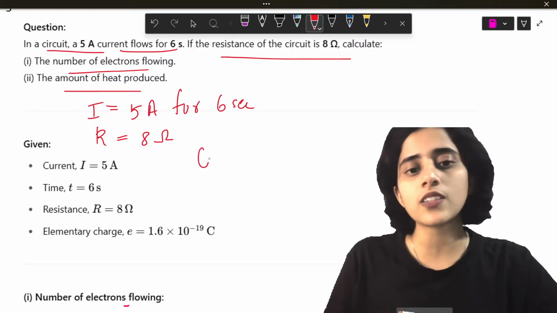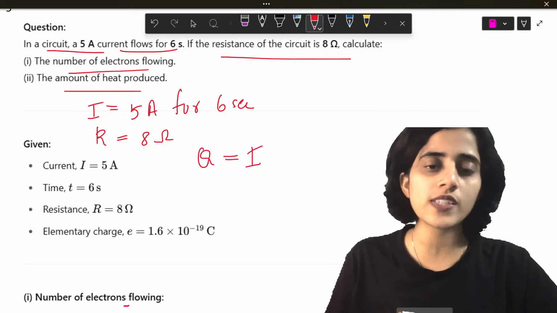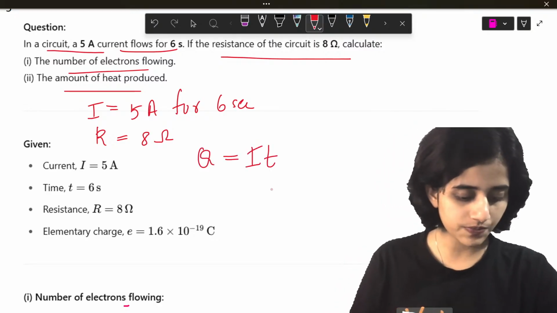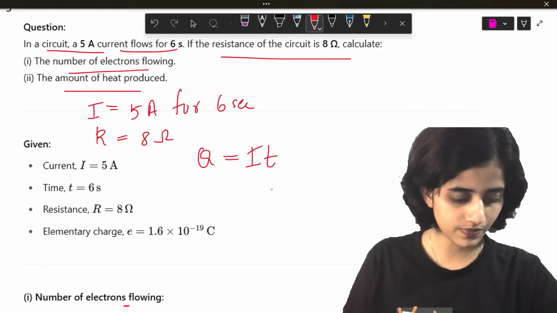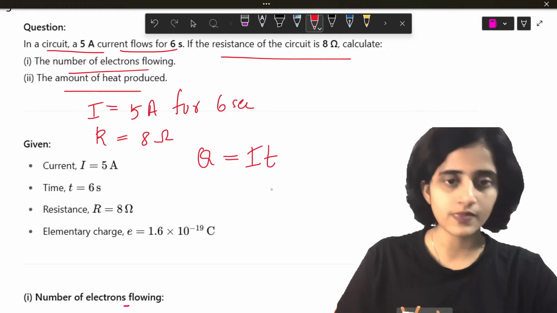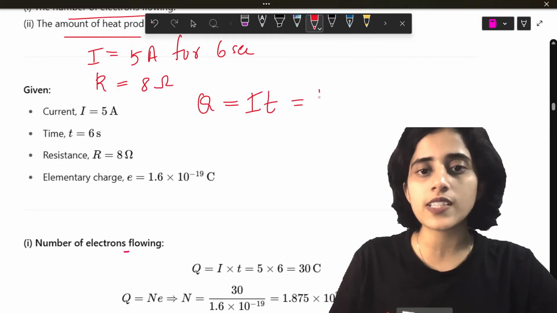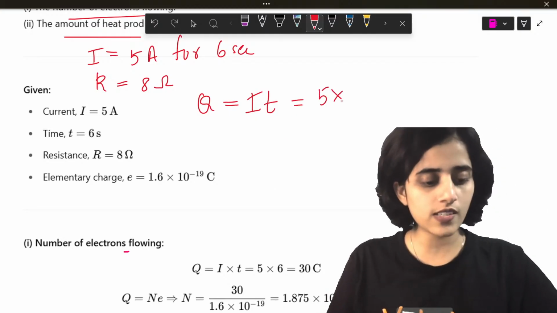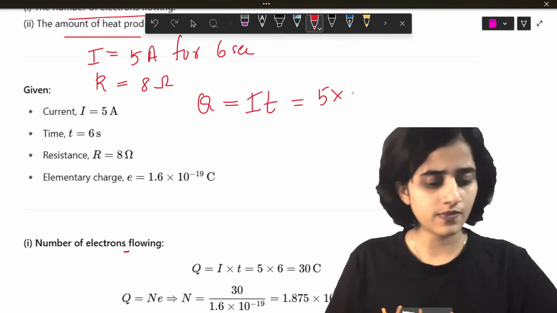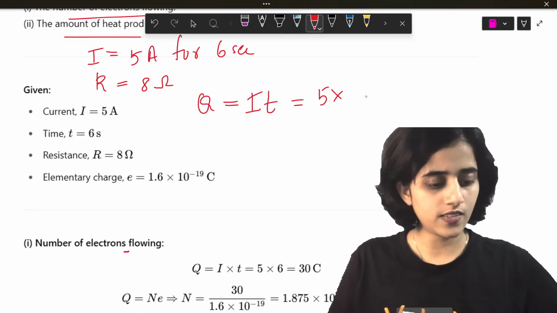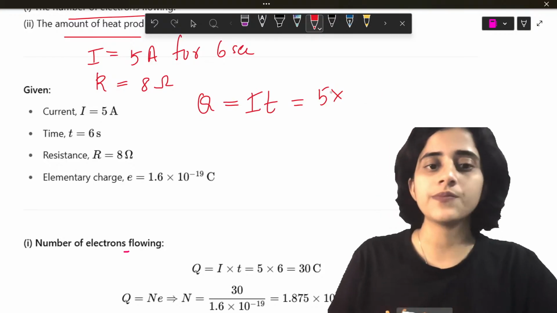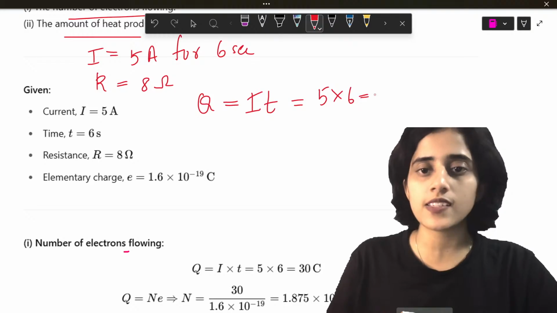So we know that charge Q is equal to IT. So from this, multiply, what is I? 5 into 6. Can you see? Okay, yeah. 5 into 6 is 30.